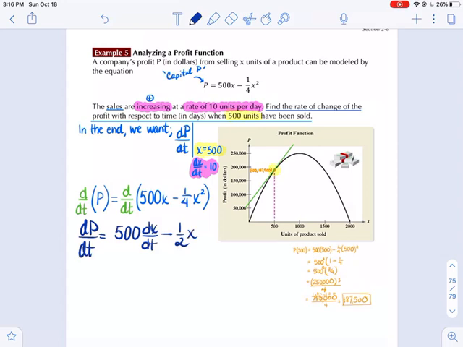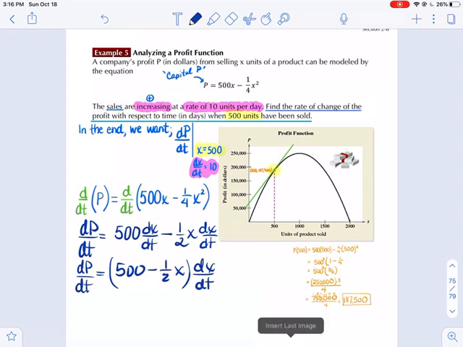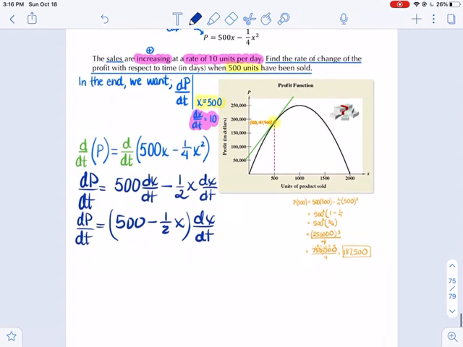So that's going to be 1/2 x, and then it'll be dx/dt here also. So we factor out 500 minus 1/2 x, and then we factor out the dx/dt. So we get dP/dt is equal to (500 minus 1/2 x) dx/dt.